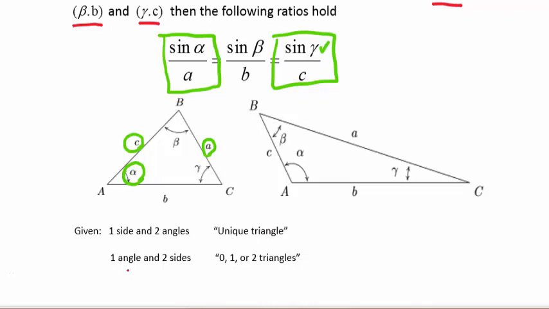However, if you're ever given one angle and two sides, then caution must be taken because 0, 1, or 2 triangles could result from the given information. It is for this reason that this is sometimes referred to as the ambiguous case. I'm going to look more at the ambiguous case in the next video, but take caution when looking at this one. I hope this was helpful.